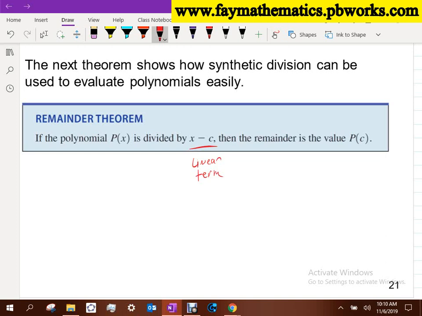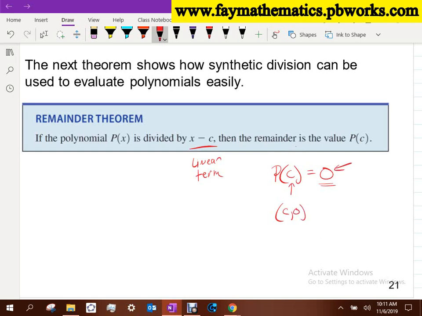What's this? Let's say if p of c, if I evaluate at c and I get 0 back, remember c is an x value, right? That's my remainder. Well, that means I evaluated my polynomial at c, got a remainder of 0, got 0 back for this evaluation. That's an output. That's a y value.